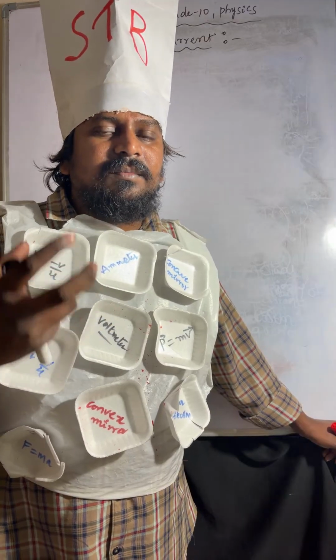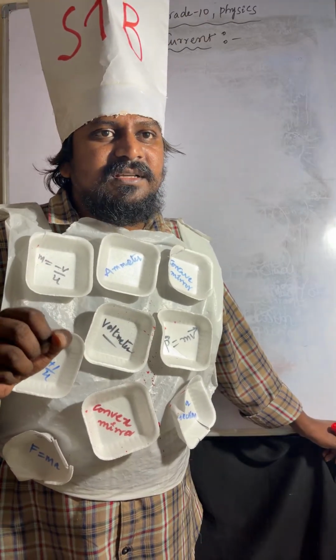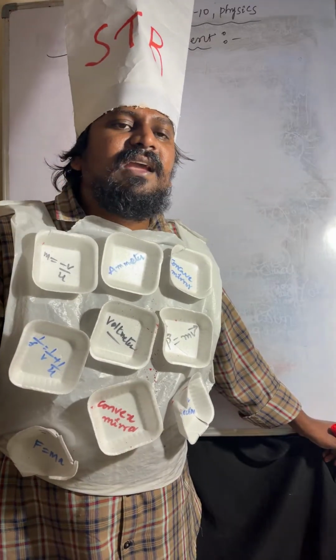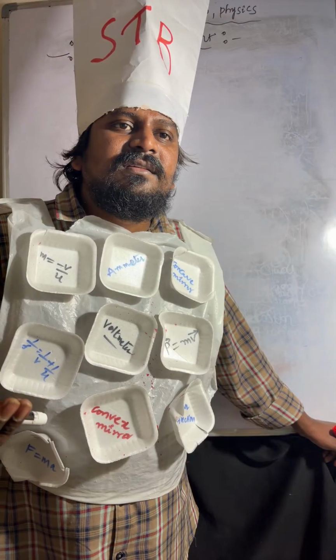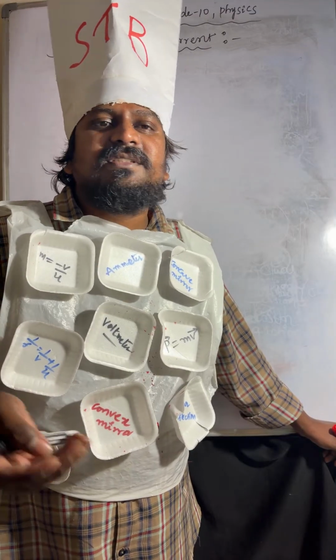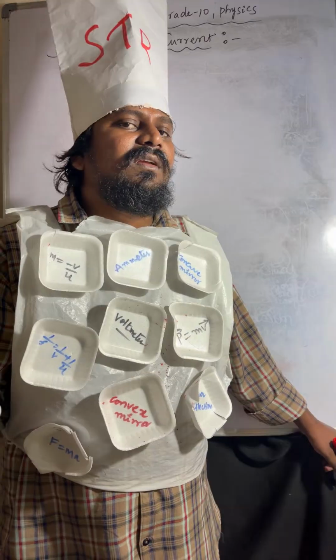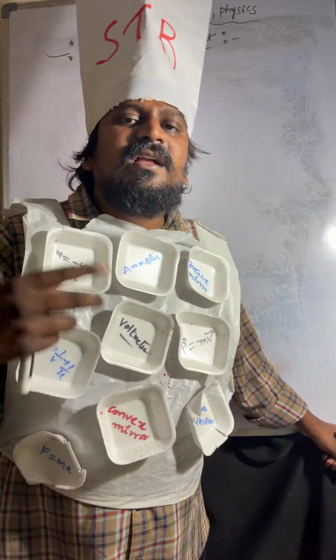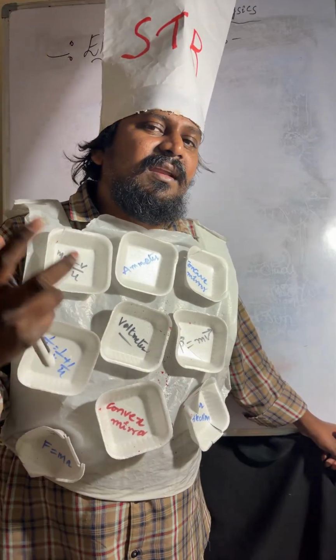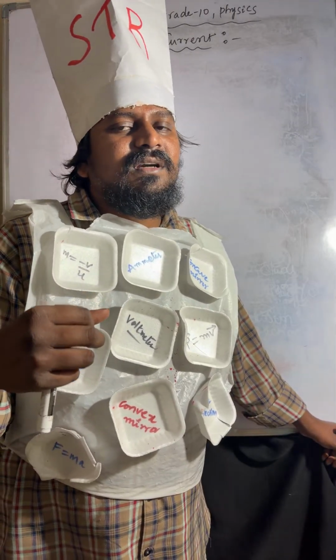Voltmeter must measure the potential difference. In series combination, the same current is flowing. So where is the potential difference? Same current only is flowing, right? That's the reason voltmeter cannot be connected in series combination. And ammeter is not connected in parallel combination, right?